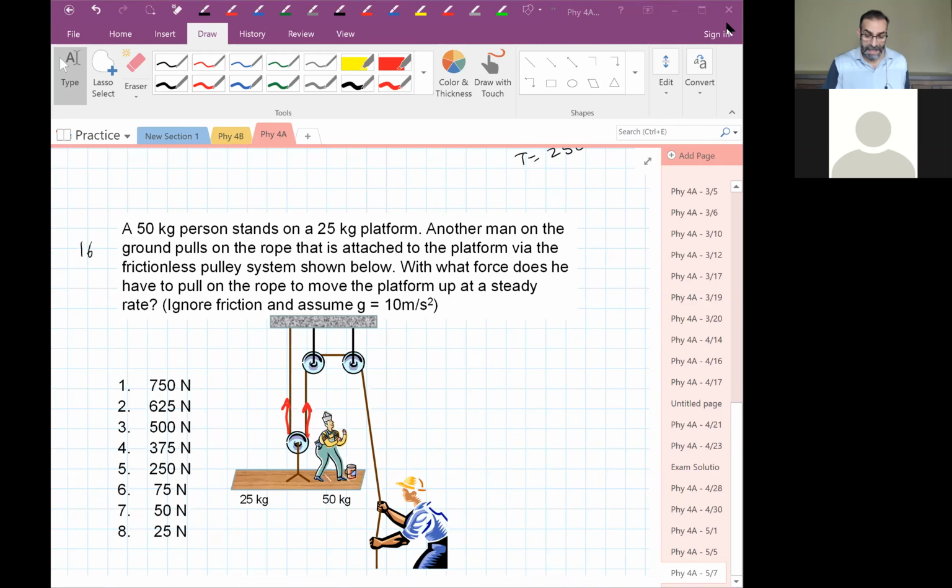You're just looking at how many times the string interacts with the object that's being lifted. Only 2 times here. We okay now?